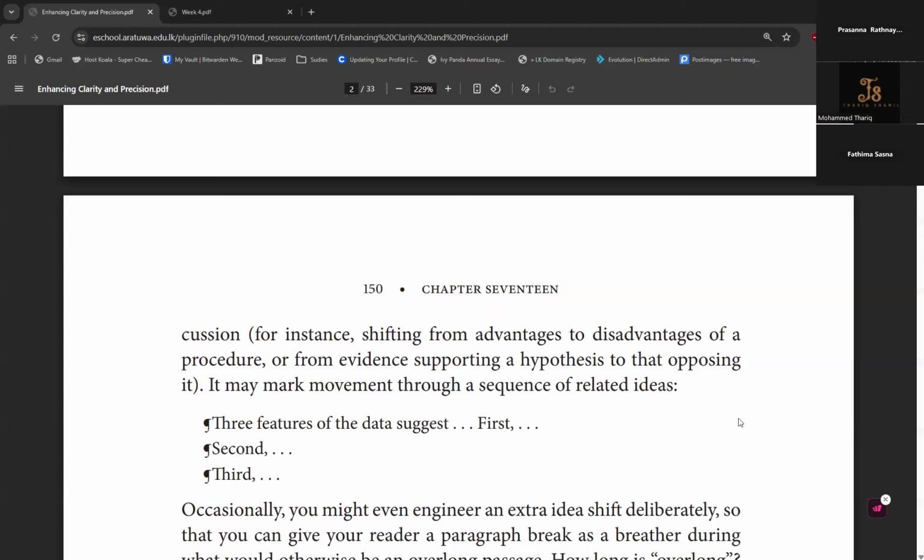For example, if you deal with a particular method and its advantages and disadvantages, you might take the first approach and deal with the advantages in the first paragraph, and in the second paragraph jump into the disadvantages. In the third paragraph you might jump into a brand new second idea or second framework. Are you getting me?